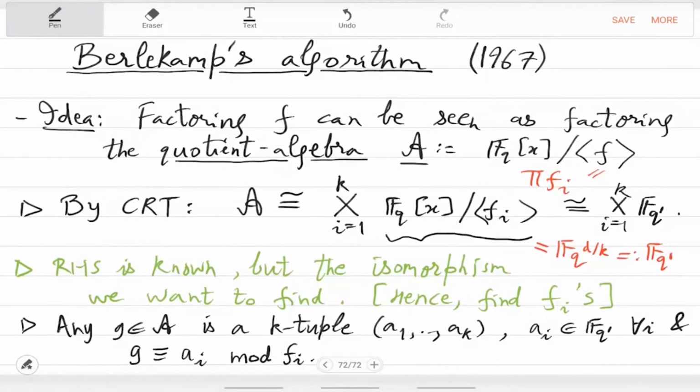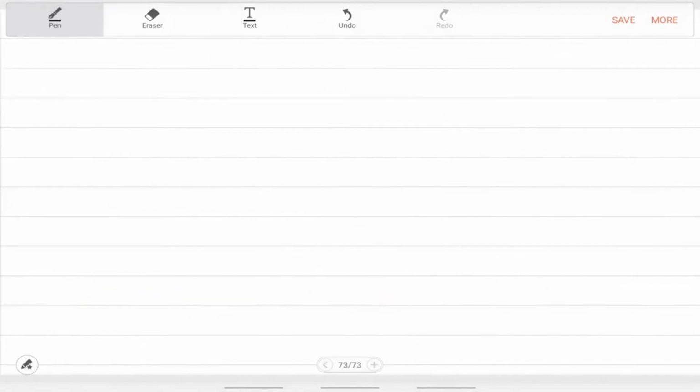So the first property is, what if you focus on those possibilities of a1 to ak which are in Fp, so basically just numbers 0 to p minus 1. Then what can you say about g? What are the g's whose k-tuples are just numbers, elements 0 to p minus 1? Constants?